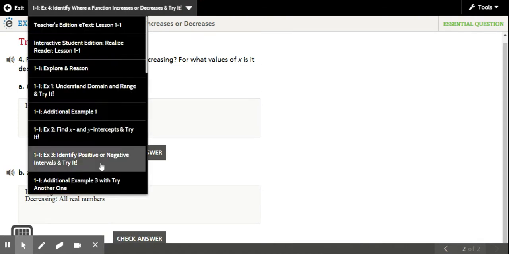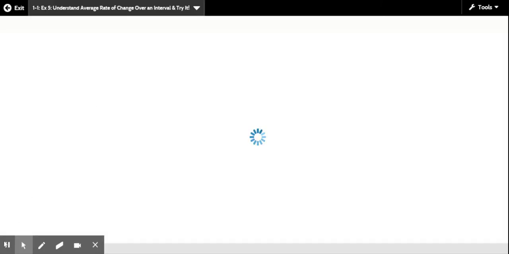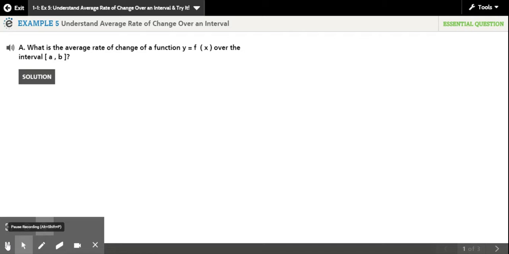Let's look at example 5. Example 5 is talking about average rate of change for a function over a specific interval. Average rate of change is really going to refer to the change in y over the change in x.